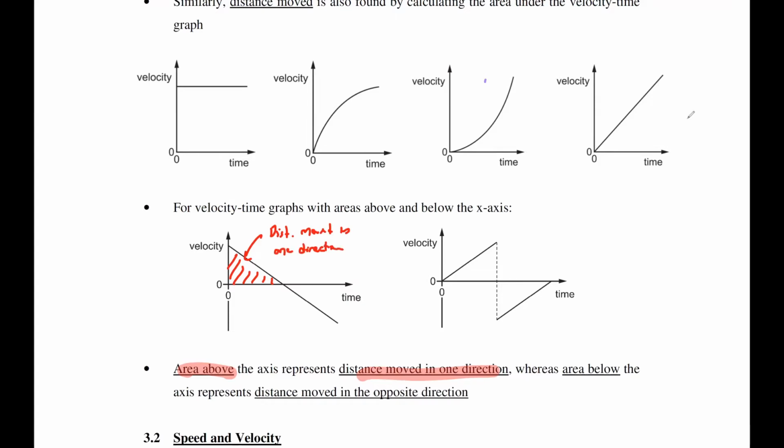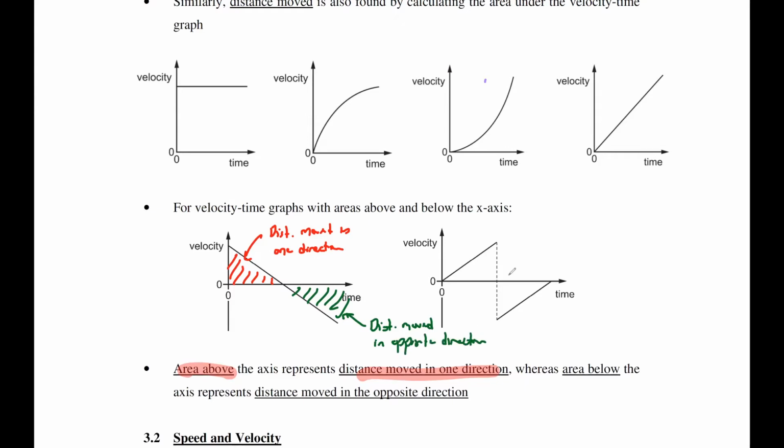When you have another area under the graph that is below the x-axis, like this one, it will represent the distance moved in the opposite direction.